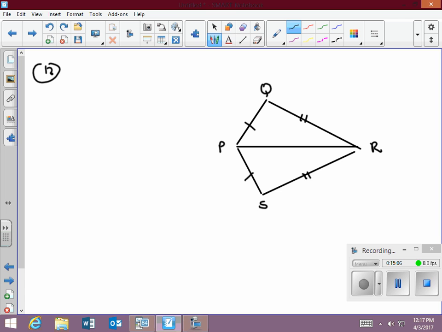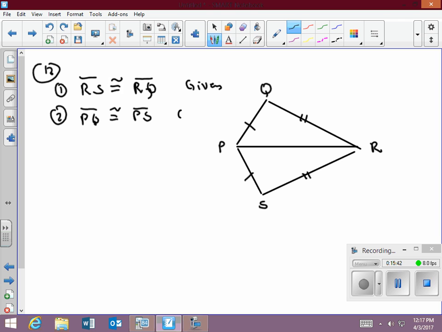So what you can do is prove they're congruent. You'd say the line RS is congruent to line RQ, and that's given. Then PQ is congruent to PS, and that's given to you.